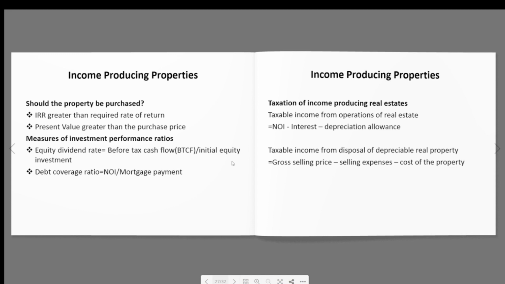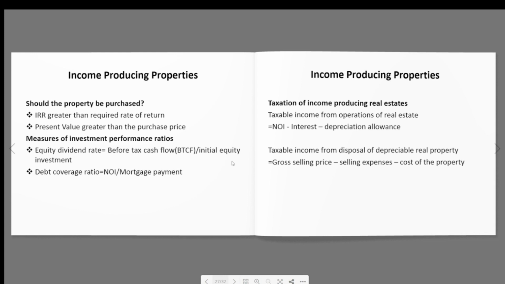Now, the different measures of investment performance ratios. First, we have the equity dividend rate. We get the equity dividend rate by dividing the before tax cash flow by the initial equity investment, where the equity investment implies the cash investment made by the investor directly to the property and not the debt.